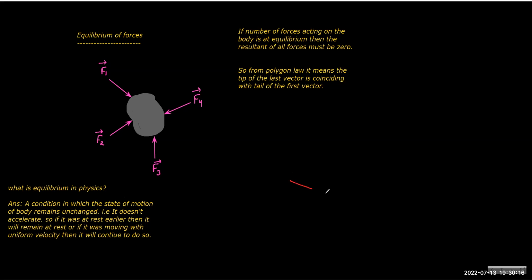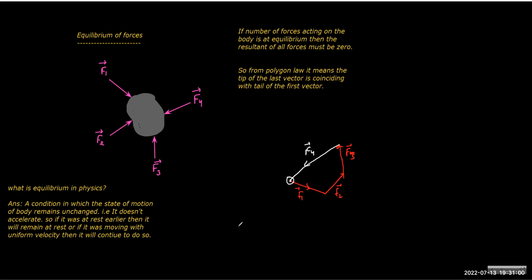You can draw F1 like this, F2 like this, F3 like this, and F4 coming back to this point. You can see the beginning and the end are at the same place. So where you start, you end up there only. There is no gap between the beginning and the end, and therefore there is no resultant.